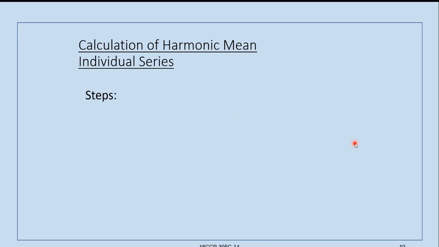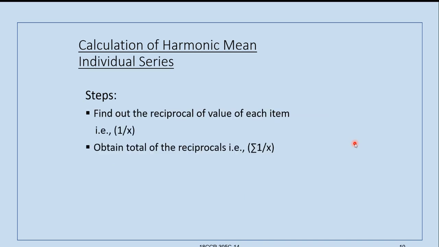Right. Now we will see the calculation of harmonic mean. First, we will take up individual series. We will try to understand the steps for calculating harmonic mean in individual series.